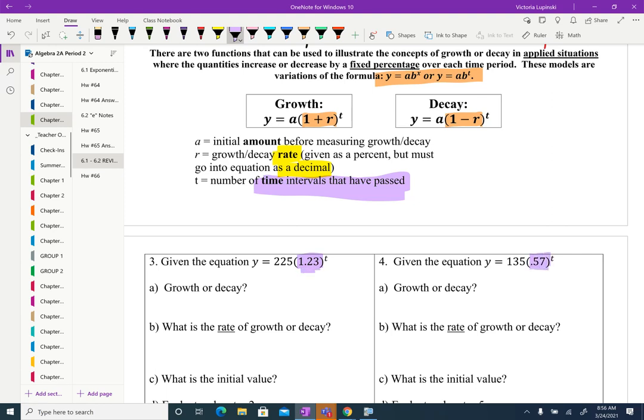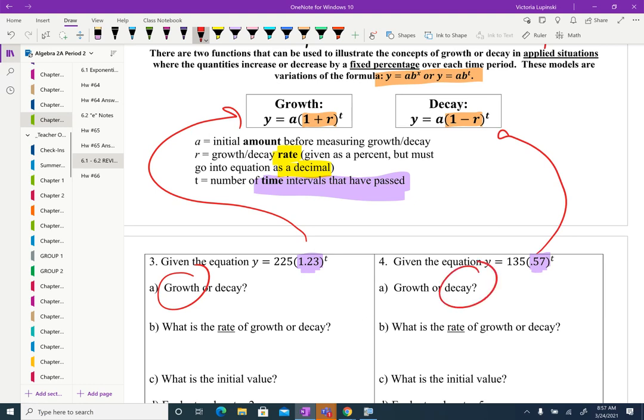So 1.23 on the left and 0.57 on the right. If the number is bigger than 1, that's how you know that it's a growth situation. If the number is less than 1, that's how you know that it's a decay situation. To figure out how much the rate grew or decayed, if it's a growth, you're going to do 1 plus r equals the value.